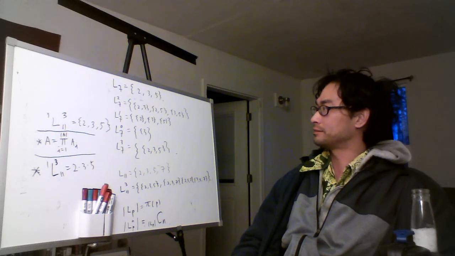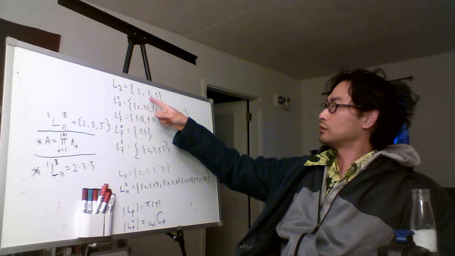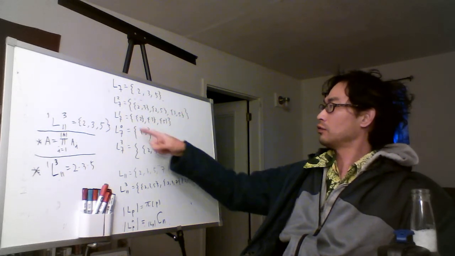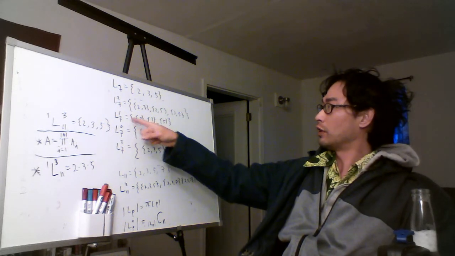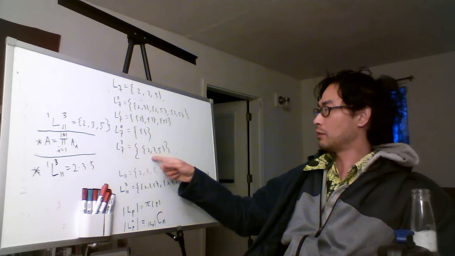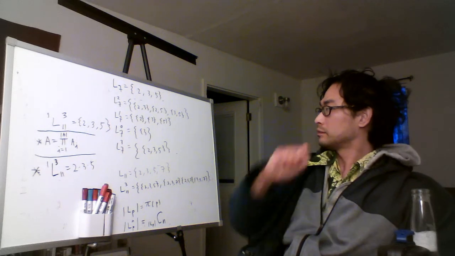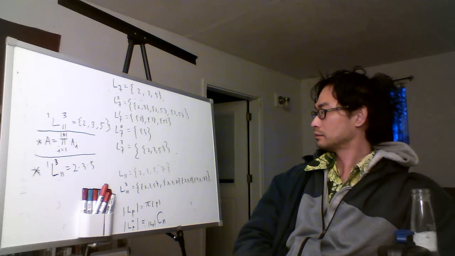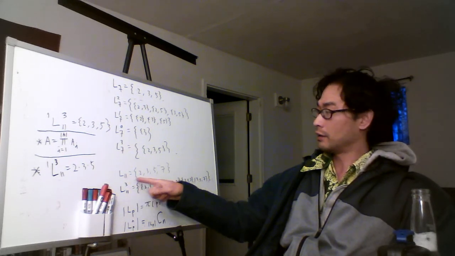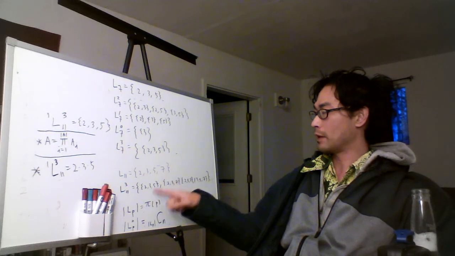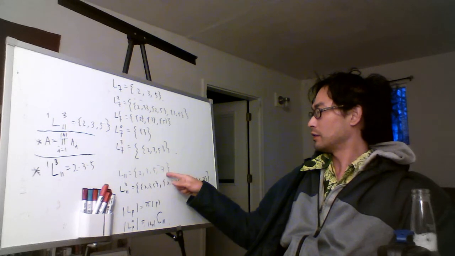Now your power set of sets, you pick 2 elements: 2 3, 2 5, 3 5. It's like combinatorics combination, right? You pick 1 element, you pick 0 elements, 3 elements. And when L11 is the set of primes less than 11, 2, 3, 5, 7, you pick 3 of them: 235, 237, 257, and 357.